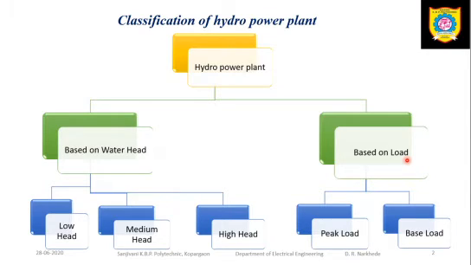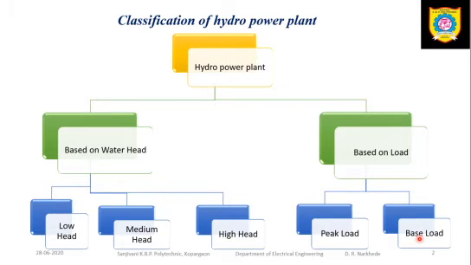Now we will discuss the basic classification based on the load. Hydroelectric power plants based on load are classified into peak load plants and base load plants. Now what is a peak load plant and what is a base load plant? In case of a base load plant, this type of plant involves continuous power generation.